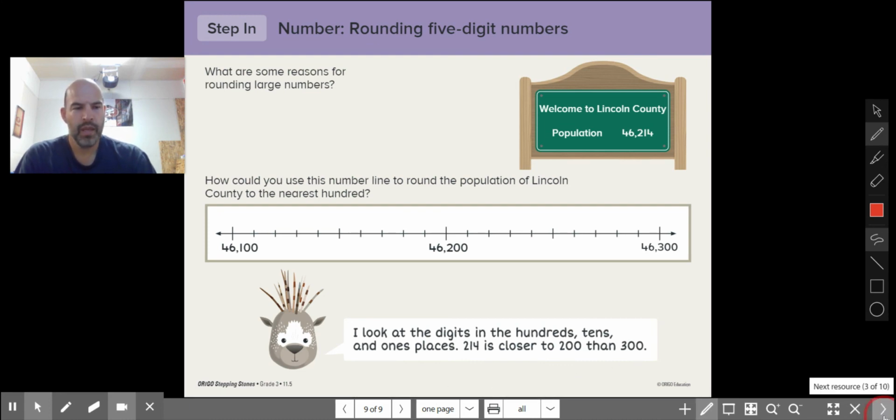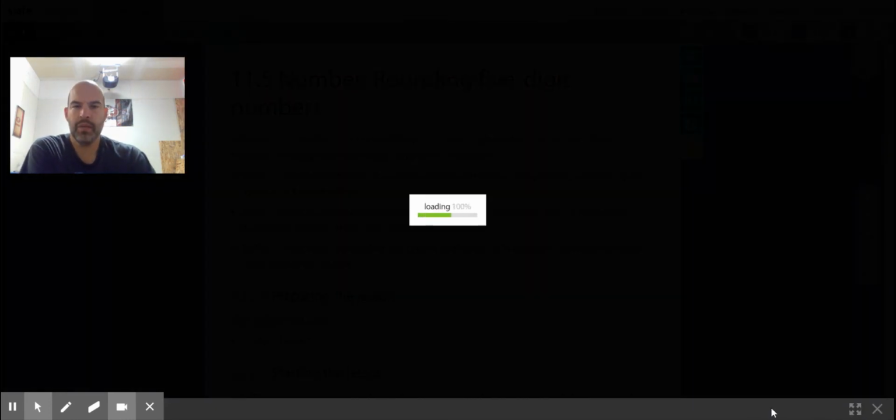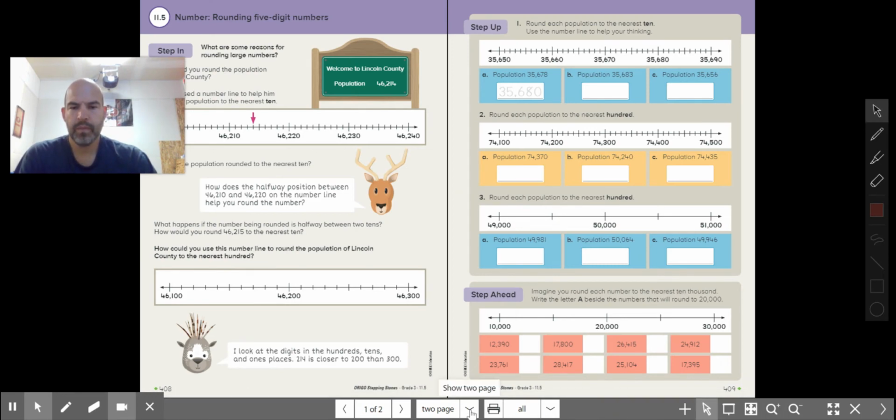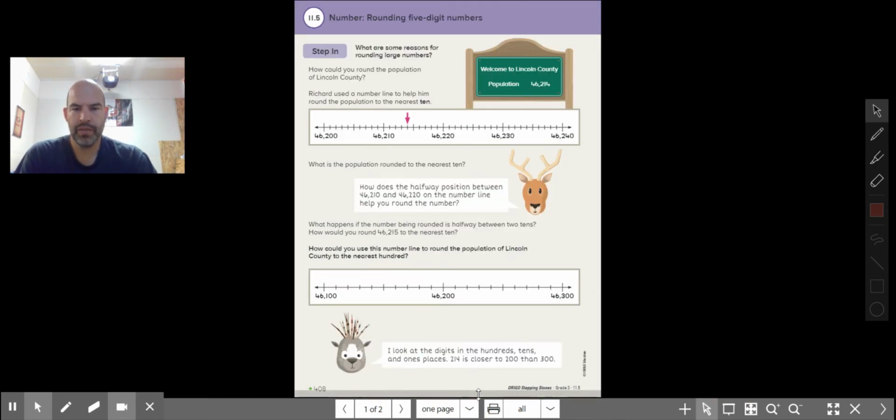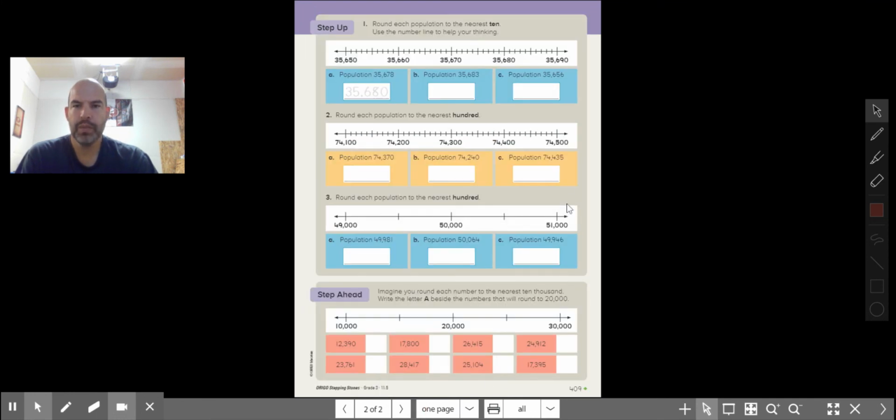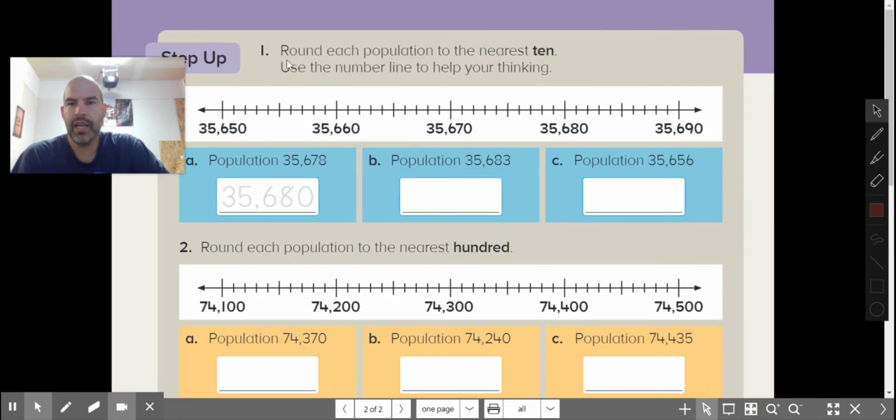All right. Now, taking a peek at our work pages today, let's go to the single page view. And we're going to jump over here to page 2. And what it asks us to do, and I'm going to go ahead and zoom in just a little bit here for us, it says, round each population to the nearest 10. Okay, so always remember our directions are very important to help us when we're solving our math problems, right?